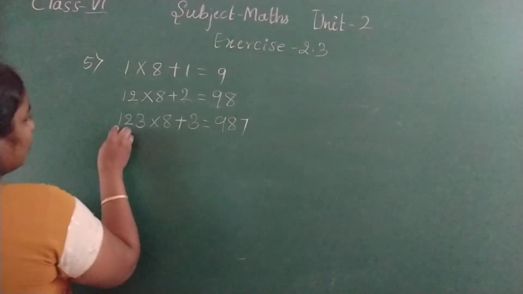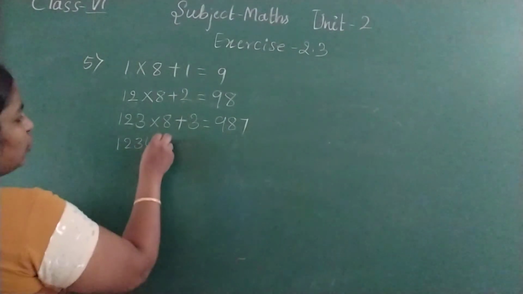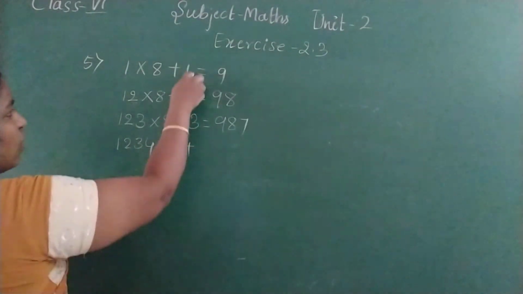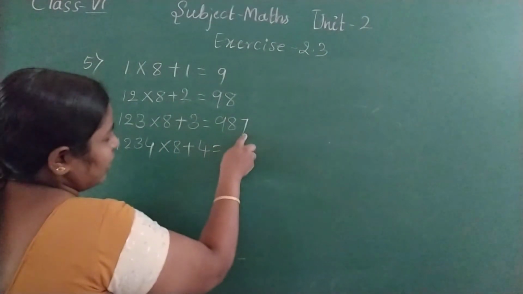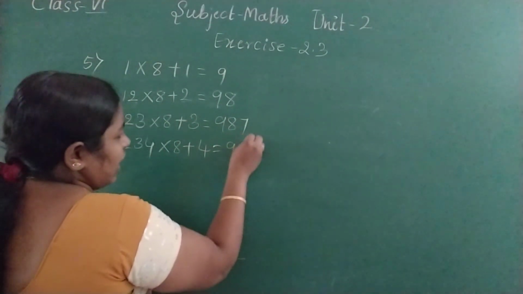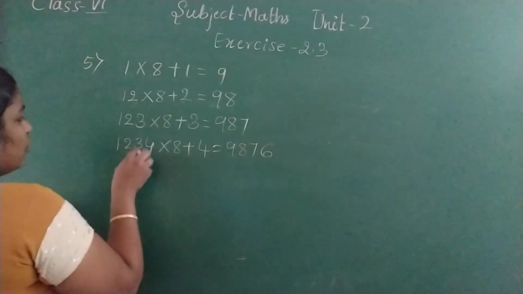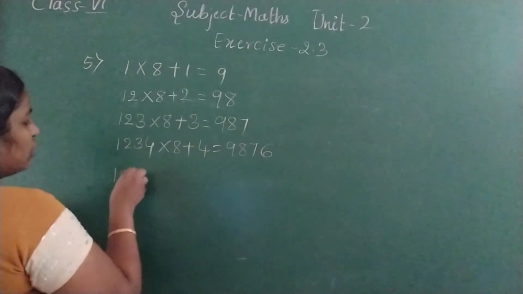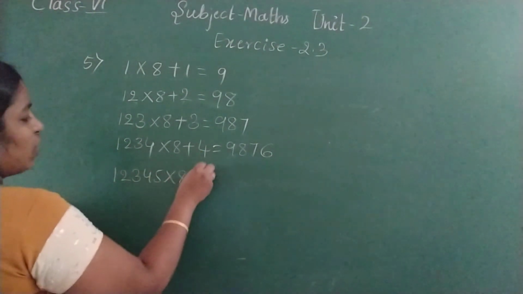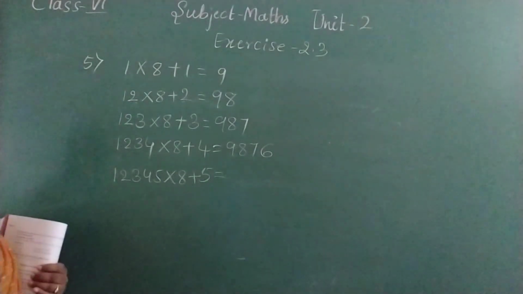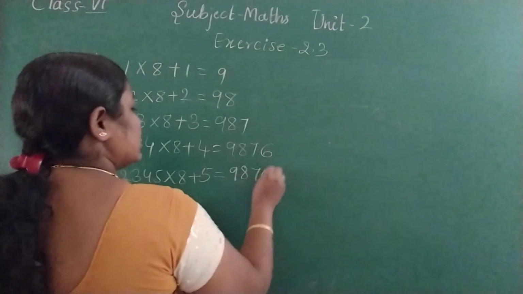Again next pattern: 1, 2, 3, 4 into 8 plus 4. Here 9, 8, 7. Next what will come? After 7, 6 will come. 1, 2, 3, 4, 5 into 8 plus 5. So what will be the answer? 9, 8, 7, 6, 5.